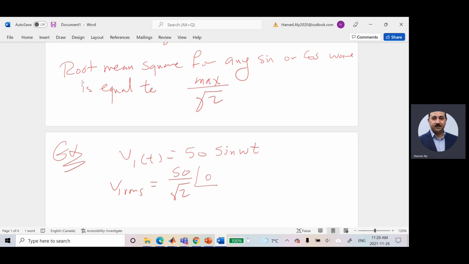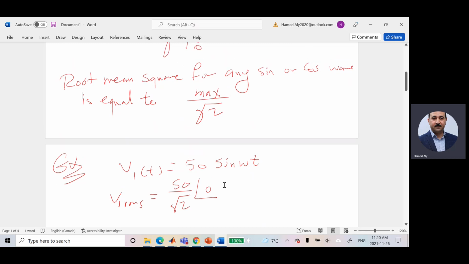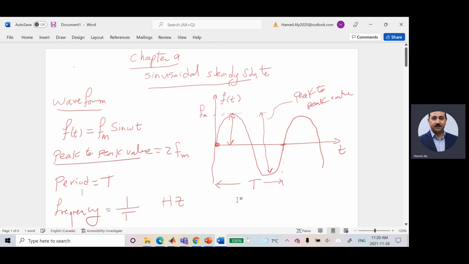I will start talking about phasors. This represents the angle. The waveform here started from 0, so I call its starting angle 0. But imagine I have a waveform that starts after a specific angle. So the root mean square is the maximum over root 2 at a specific angle. And this will be our story for next class.